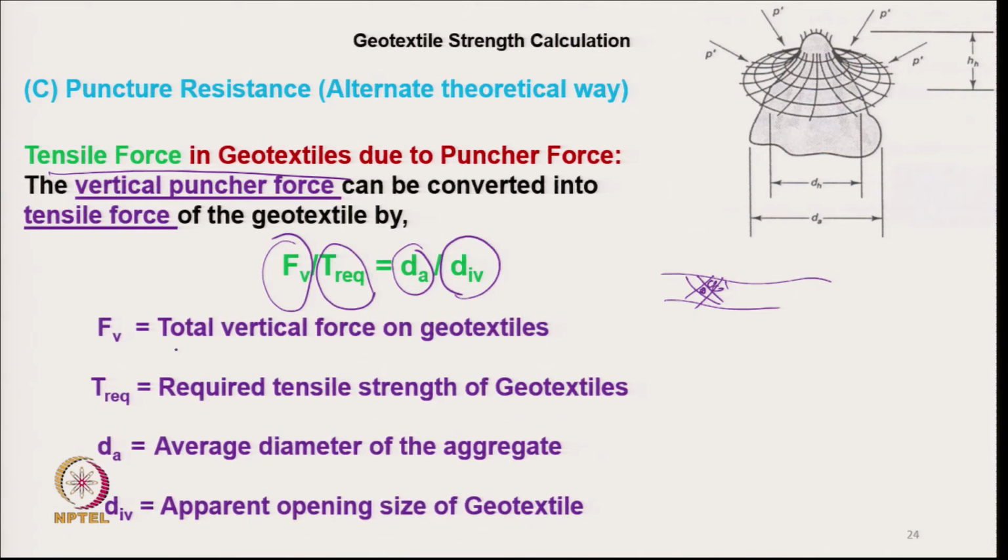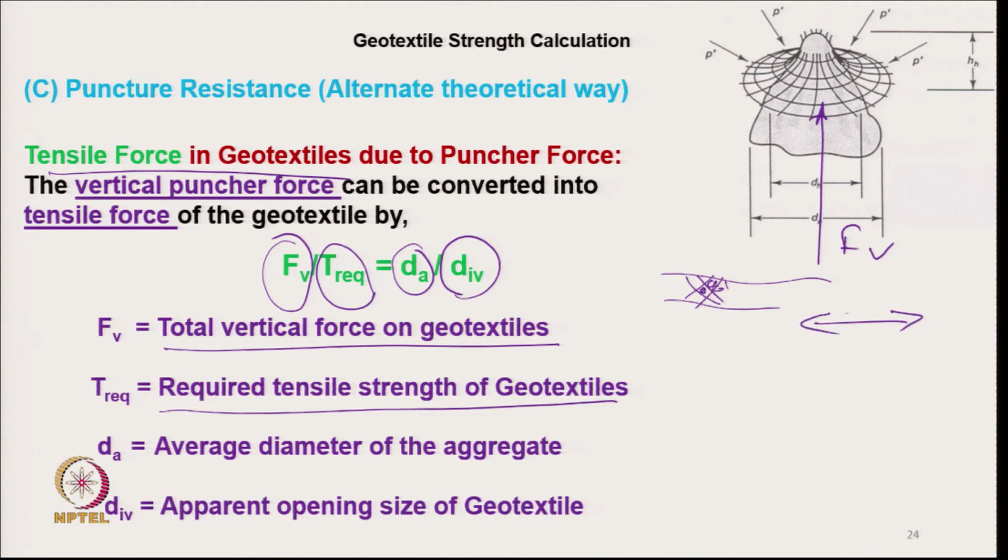So, Fb is the total vertical force on the geotextile and T required the total tensile strength of the geotextile. Fb is acting in this fashion and the tensile force will be in this fashion. dA is the average diameter of the aggregate, and dv the apparent opening size of geotextiles, which is very small.